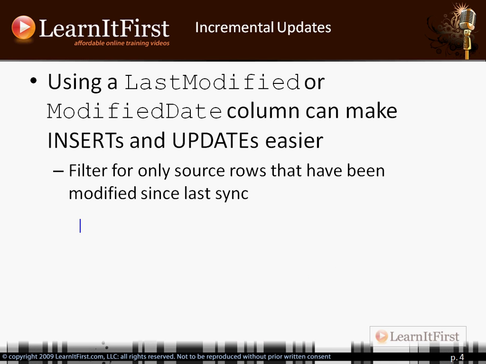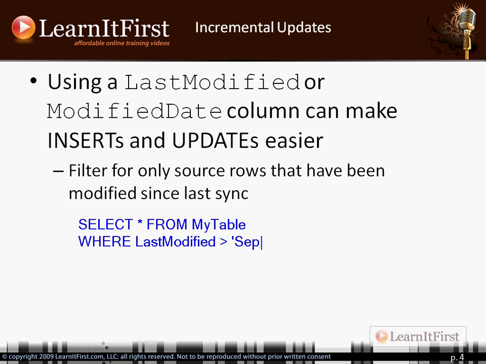I could just write a query. I could say select all from my table where last modified is greater than September 1st, 2010 at 00:00, which would maybe be our last sync date. And then I've got all of the rows.